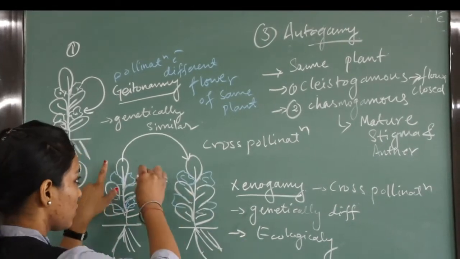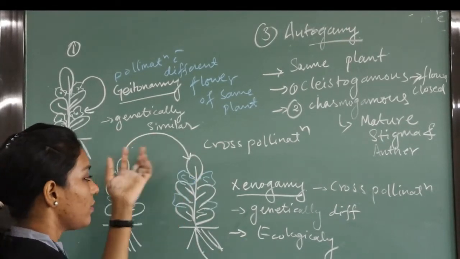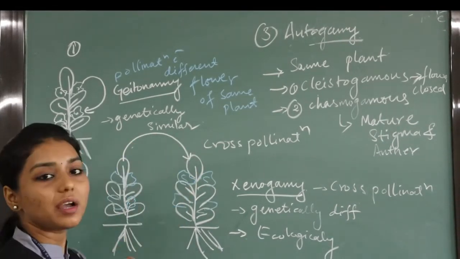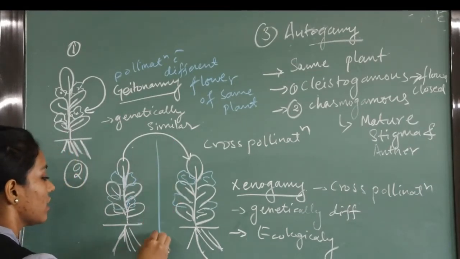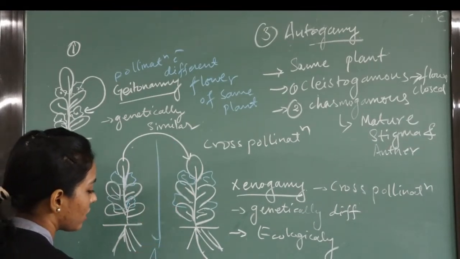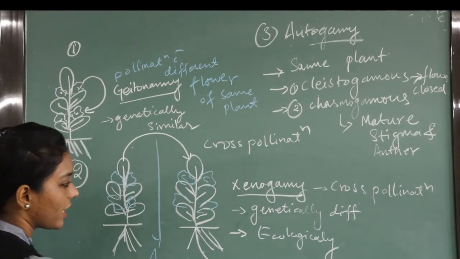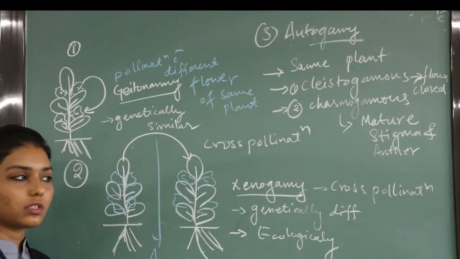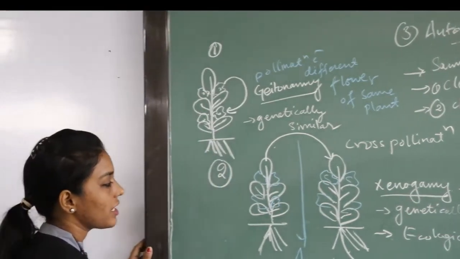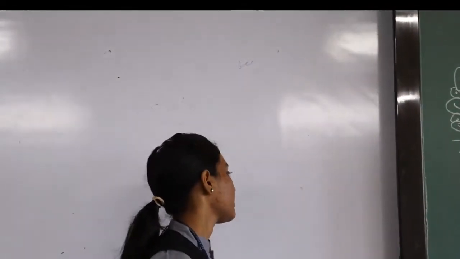To get the pollen grain from a different plant, they require agents for pollination. So, we will see the agents of pollination.